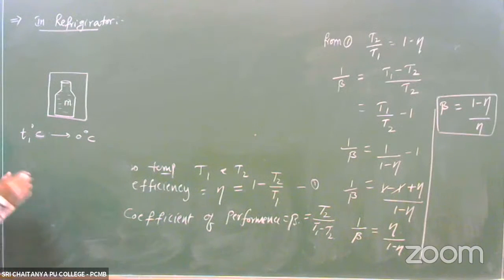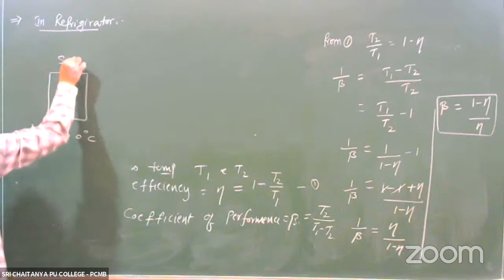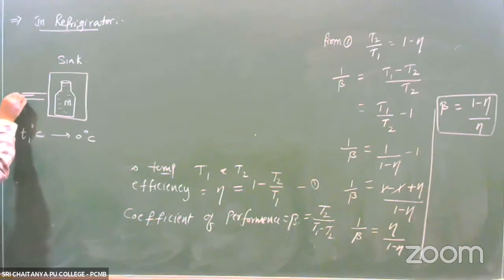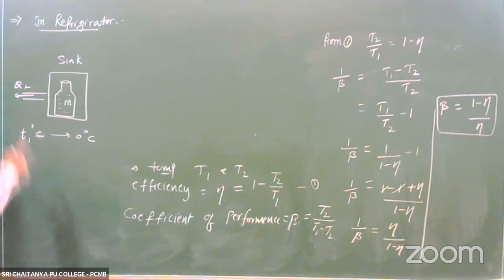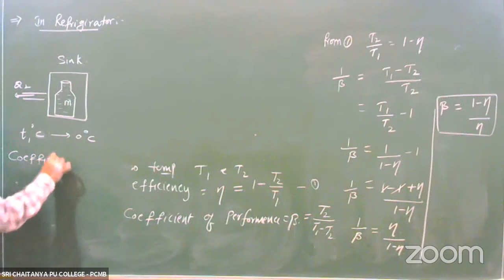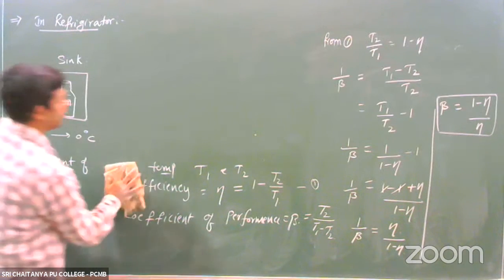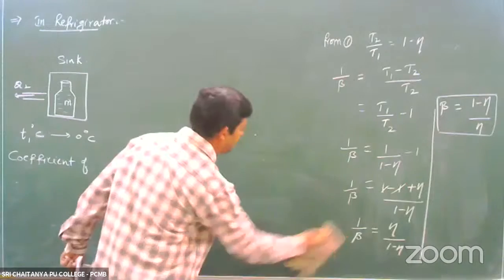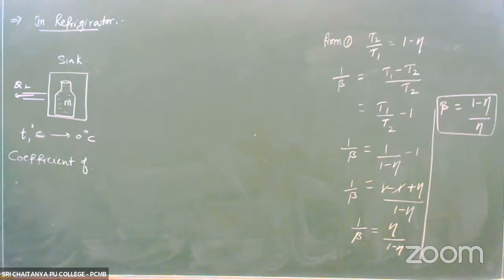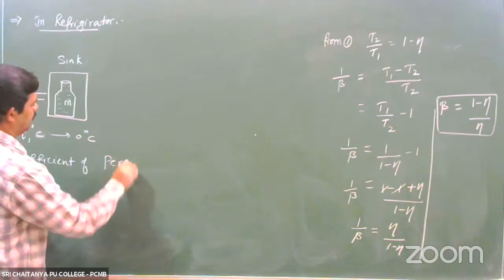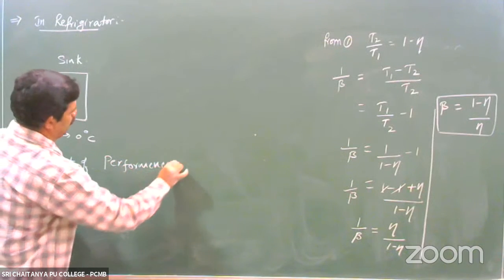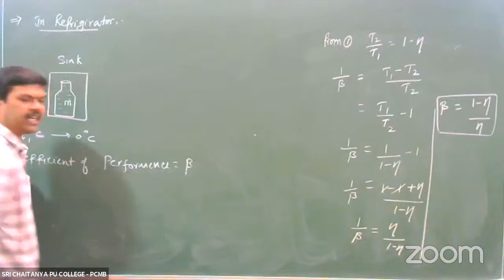Okay. So in a refrigerator, what happens? As it is a sink, heat Q2 is extracted. How much heat is extracted? For that fridge, they give the coefficient of performance. Coefficient of performance of the fridge is beta.